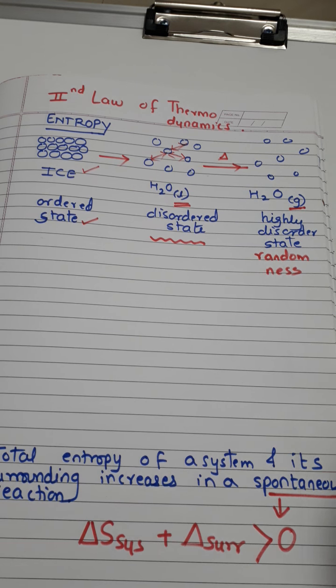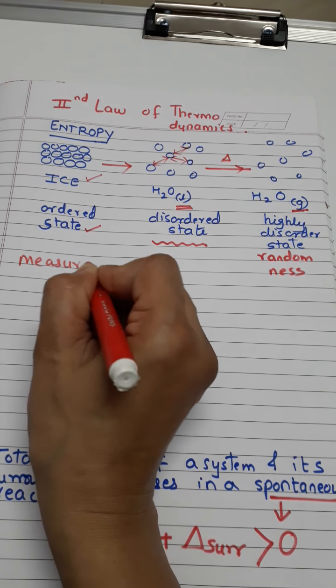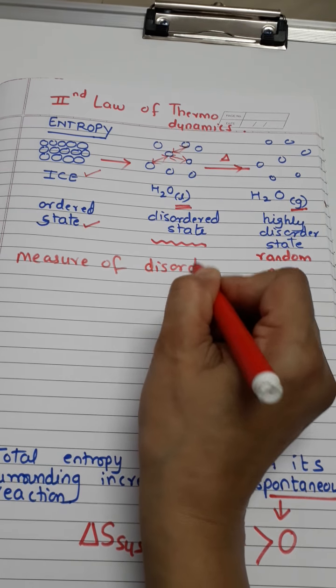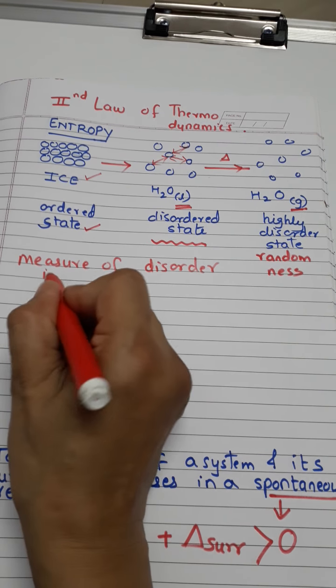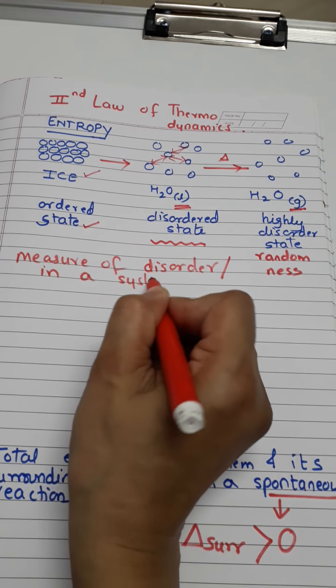Entropy is defined as a measure of disorder or randomness in a system.